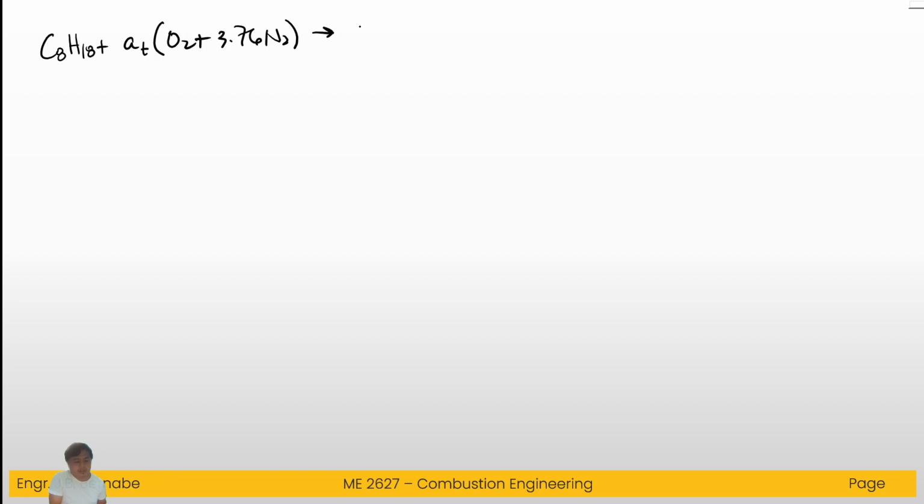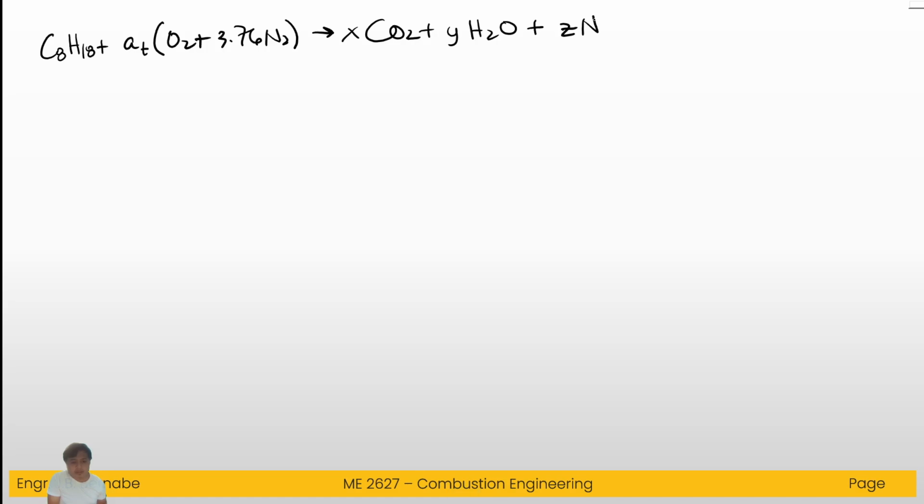And then you have the products as CO2 plus H2O, and then plus N2 only. So N2 for stoichiometric combustion.